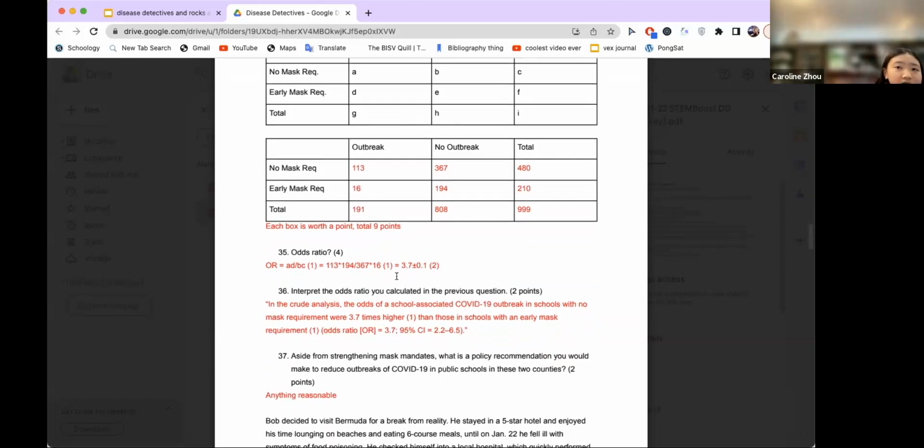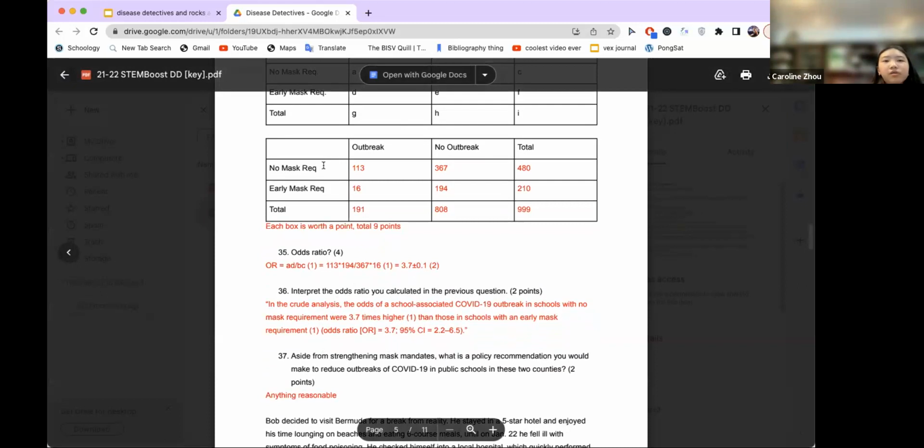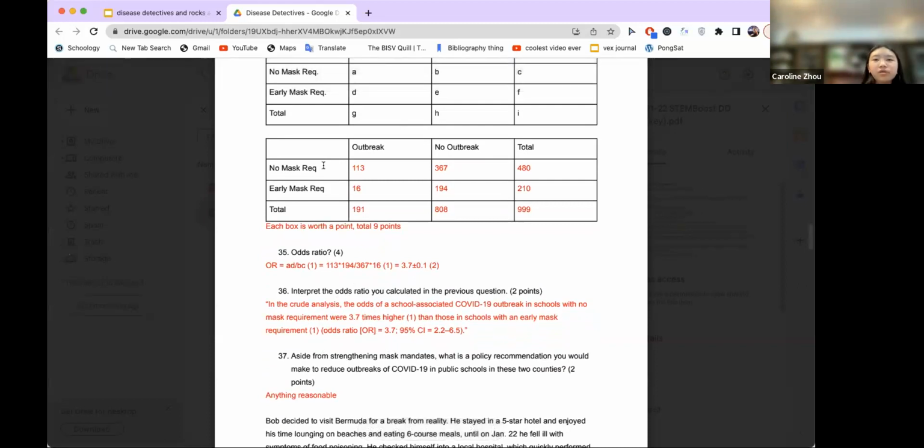Here they calculated it to be 3. Because it's 3, which is greater than 1, it means there's a positive link. So the exposure, which was having no mask requirement, contributed to the number of cases, which you can verify with common sense.